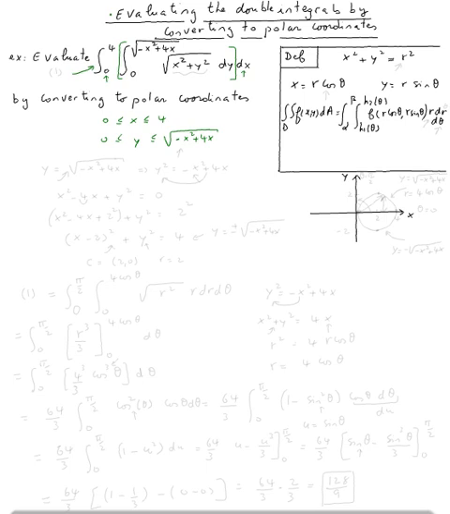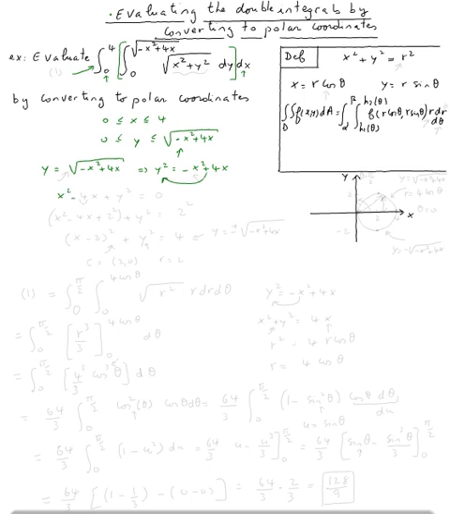Alright, so let's try to draw our region. First we need to know how y equals the square root of negative x squared plus 4x looks like as a graph. So let's square both sides. We get y squared is equal to negative x squared plus 4x. Now let's move this to this side.